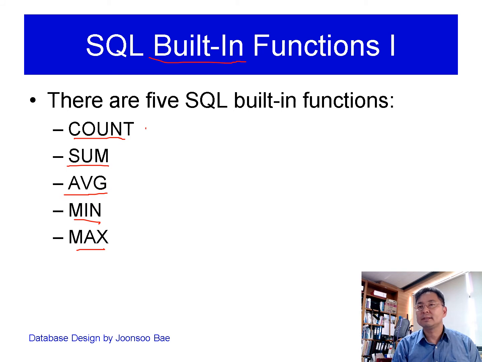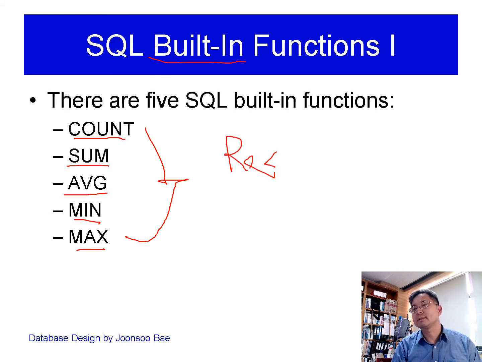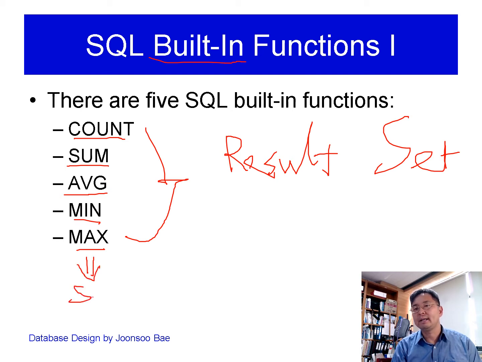So all of these functions will be applied to the result set of the first processing. All of these functions will be applied to the result set. So these functions can be called set functions or aggregate functions.